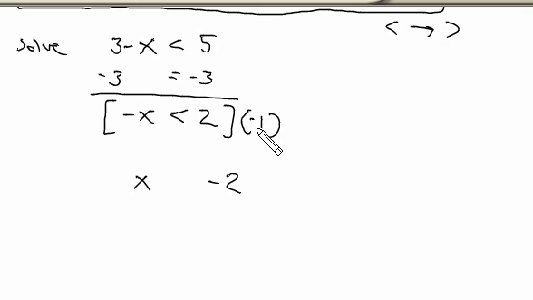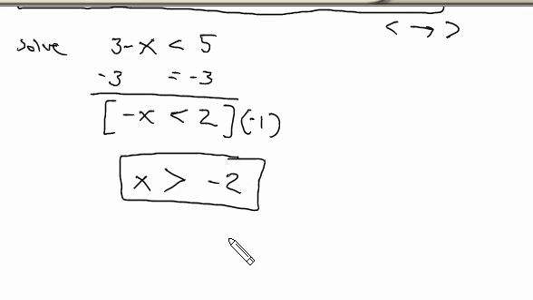Multiplying by that minus 1 will change the direction of the ordering symbol to point the other way. We have to switch it around, and there is our solution. x is greater than minus 2, or we can write it, of course, like this. x is greater than minus 2, either way you like.